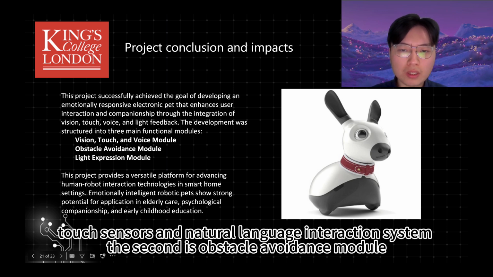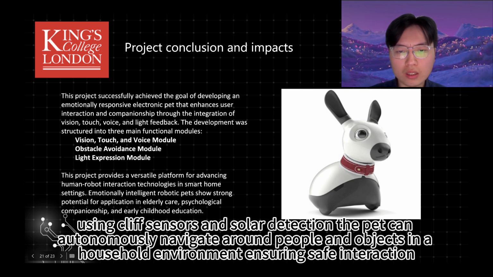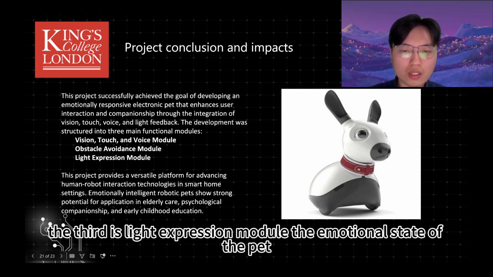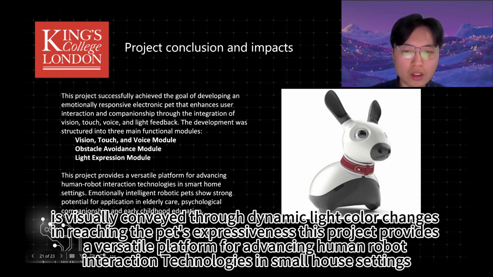The second is the obstacle avoidance module. Using cliff sensors and sonar detection, the pet can autonomously navigate around people and objects in a household environment, ensuring safe interaction. The third is the light expression module. The emotional state of the pet, such as happiness, fear, or confusion, is visually conveyed through dynamic light color changes, enriching the pet's expressiveness.